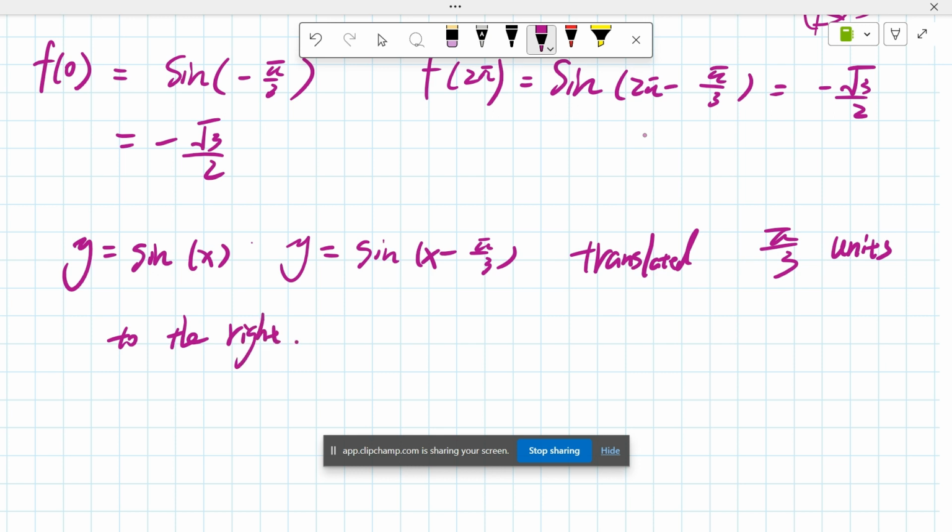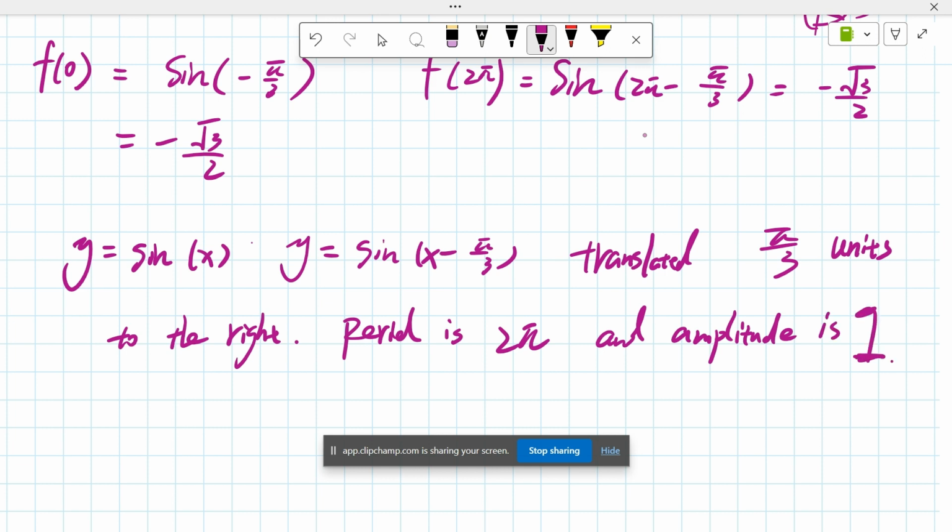And we have to find the period, which is 2 pi, and the amplitude, a very important thing, always positive, is 1. Okay, if you write this, you've pretty much got 1 mark.